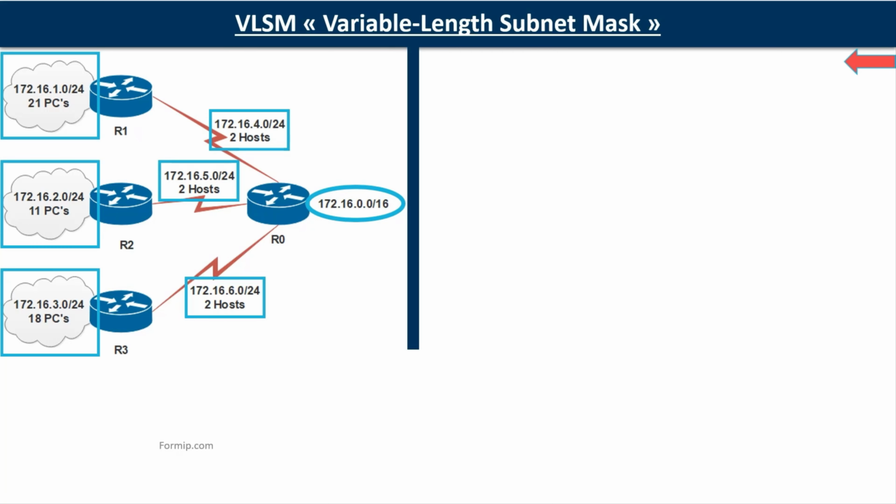For example, the subnet 172.16.10.0 only has 21 PCs. It doesn't need the 254 IPs that the 24-bit mask gives it. A 27-bit mask would provide 30 host addresses, which is much more appropriate for this subnet.